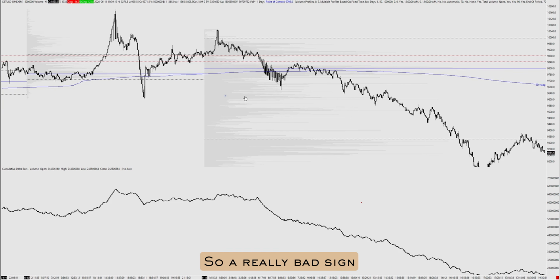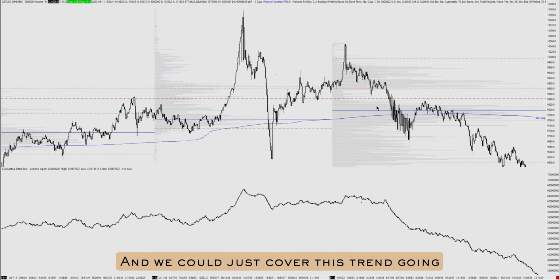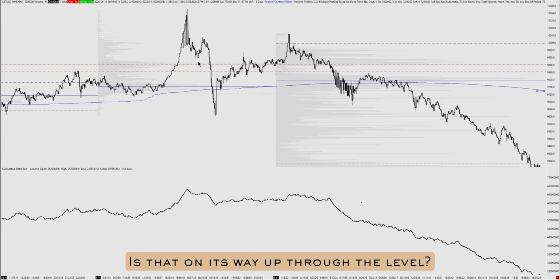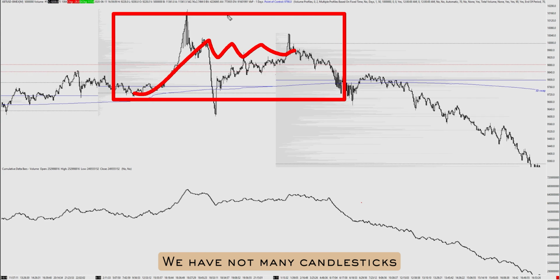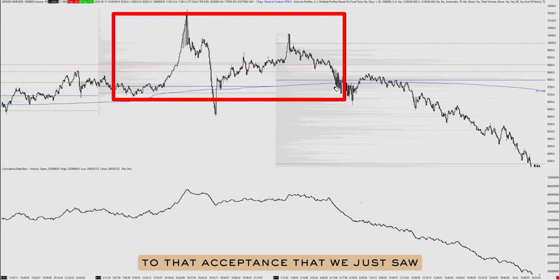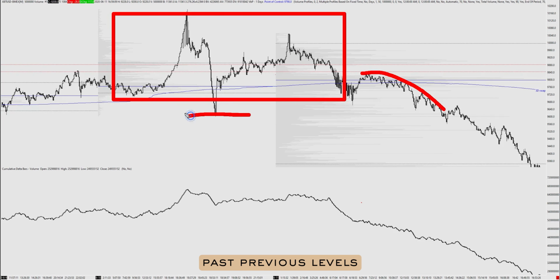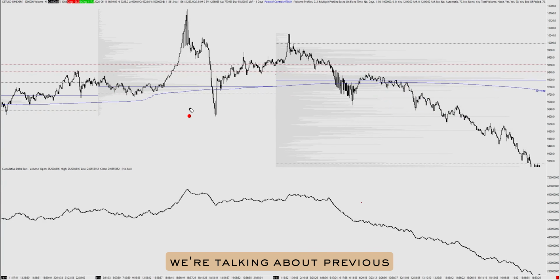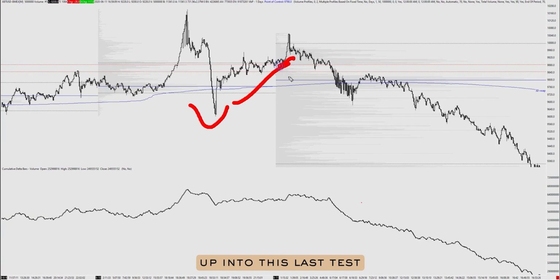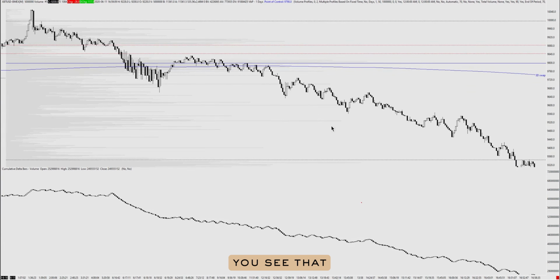So a really bad sign would be the opposite, right? We could just cover this trend going the other way: on its way up through the level, we have not many candlesticks being printed in relation to that acceptance that we just saw. And then after price breaks down past previous levels, meaning previous swing points up into this last test, you see that we have a ton of these small little candles.